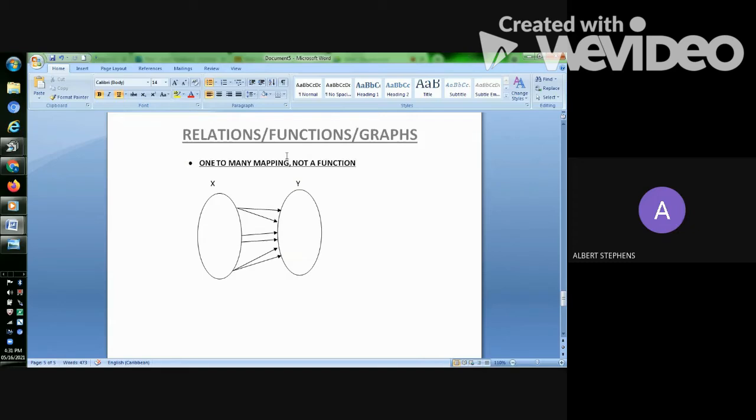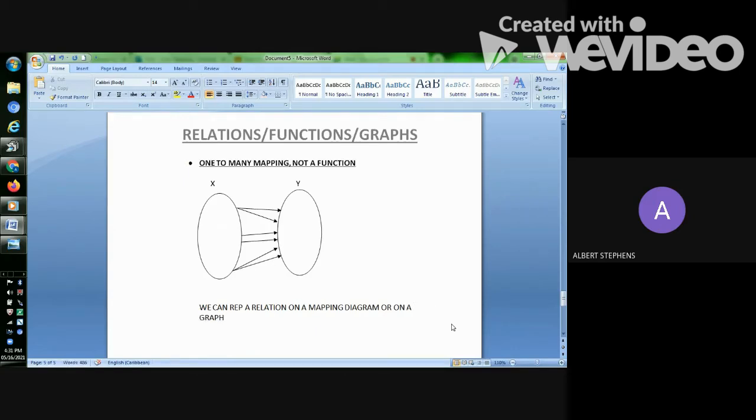All right. Now, previously, I would say that we can represent a relation on a mapping diagram or on a what, class?